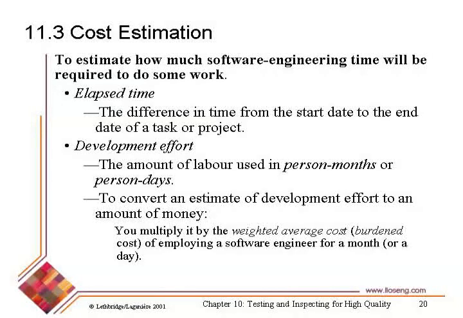First of all, we have two things that we're interested in estimating. One of them is elapsed time, and the other is development effort. Different things. Elapsed time is the clock time. Development effort is the amount of work. So if I have one person working for 12 months, I have an elapsed time of 12 months and I have 12 person-months of work.